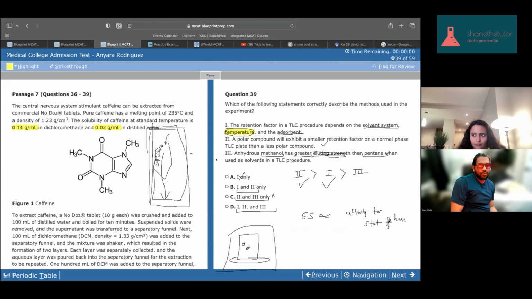So what's in common with both of these? What's in common is that the amount that elutes here and the amount that travels up the plate here are dependent on the affinities for the stationary phase.